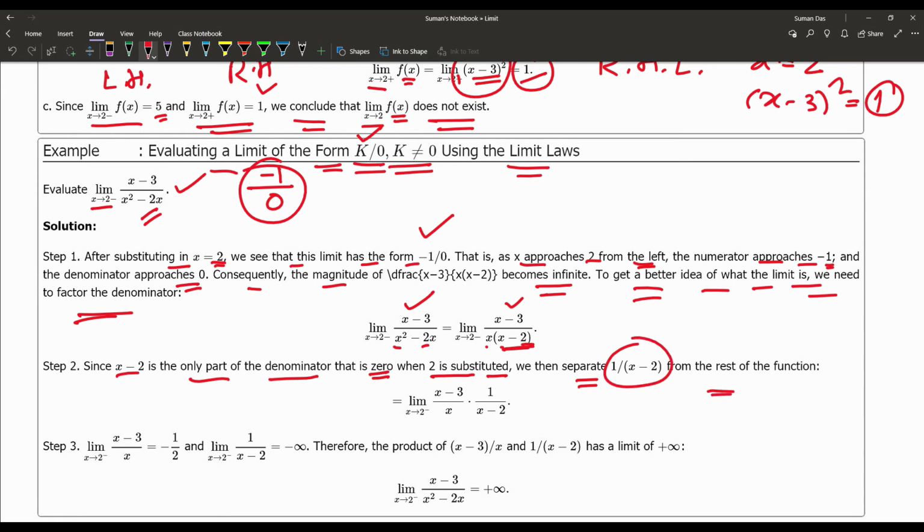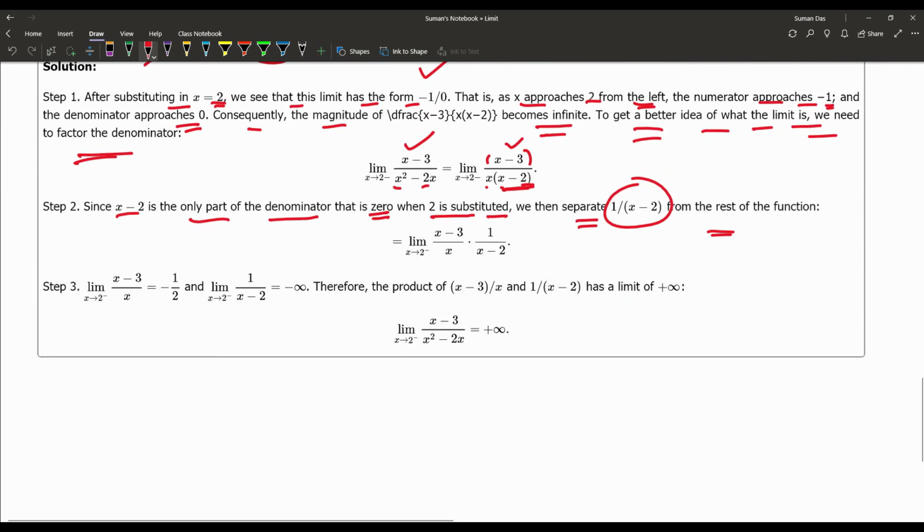That means (x minus 3) upon (x squared minus 2x) can be written as the limit as x approaches 2 minus of (x minus 3) by x, times 1 upon (x minus 2). Substituting 2, the limit of (x minus 3) by x is equal to minus half. And the second part, from the multiplication law, the limit as x approaches 2 minus of 1 by (x minus 2) is equal to minus infinity.